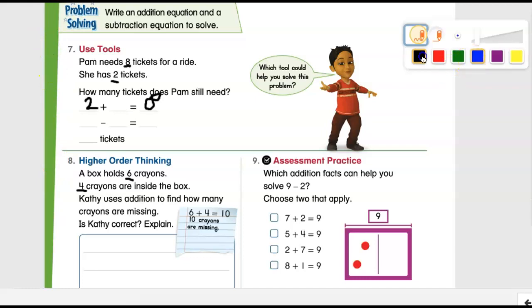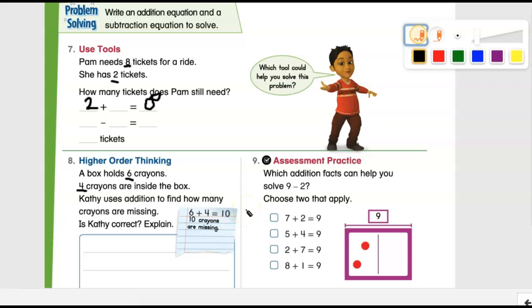So just a reminder, a box holds 6 crayons total. My total number of crayons is 6. There are only 4 crayons in the box. So how many crayons are missing? And did Kathy use the correct formula? Did Kathy find the correct missing number of crayons?